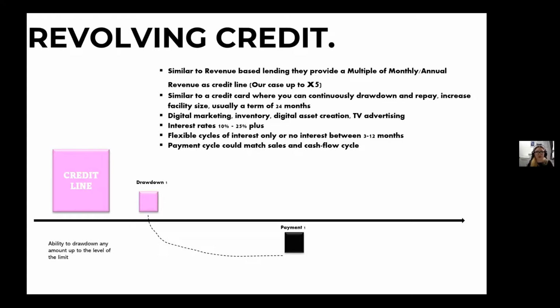The interest is only accumulated on what I'm actually utilizing from my credit line. Month two, I may want to do the same thing, but I may want a different amount. Maybe I want 30,000 instead of 20. And again, the cycle starts again from maybe 3 months, maybe 12 months, depending on how the line is structured.